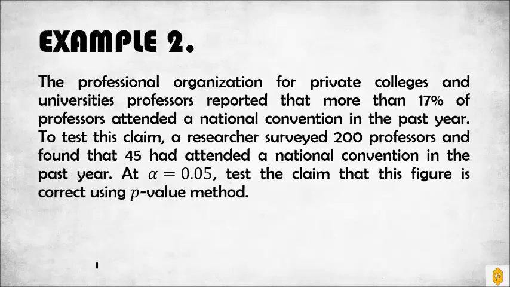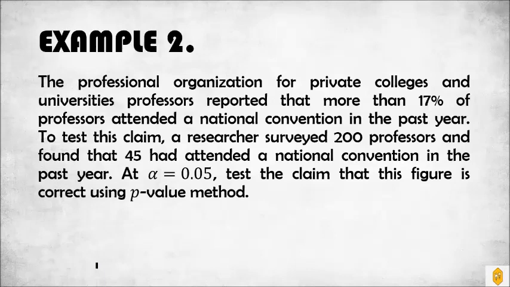Wherein, malaki ang importance ng paggamit ng significance level para makapag-provide tayo ng decision and conclusion. While sa p-value method naman, magkakaroon tayo ng decision or conclusion without really establishing a significance level.